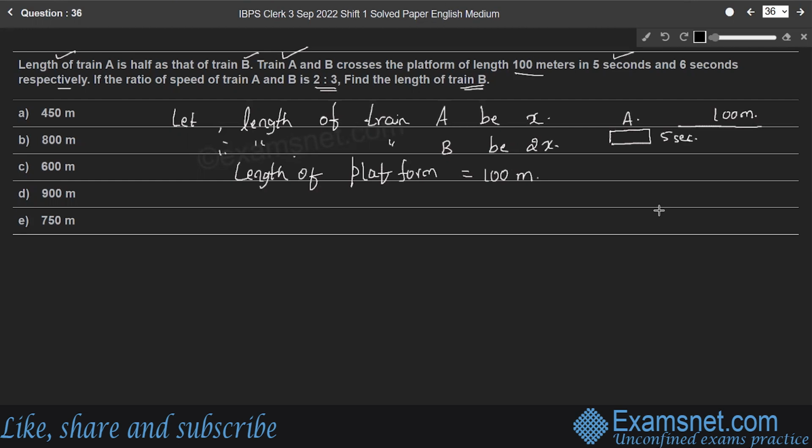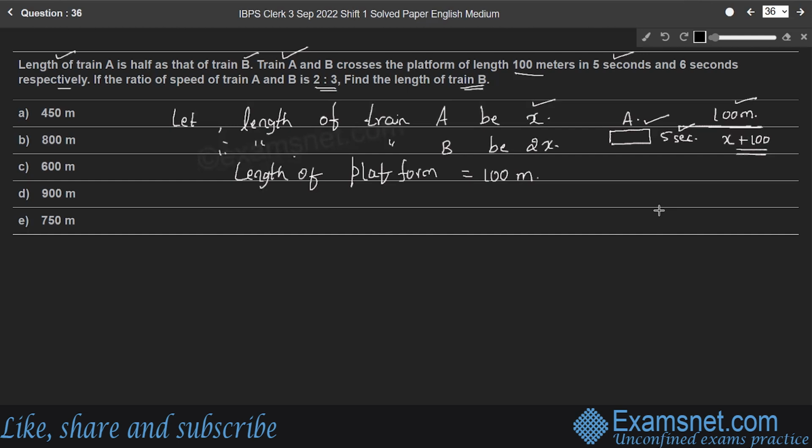Therefore, distance covered by train A, what is the distance? It is 100 meters plus the length of the train itself. So, distance covered by train is length of the train plus length of the platform, right? Therefore, it covers length of train A, X, plus 100 meters of distance in 5 seconds, right?